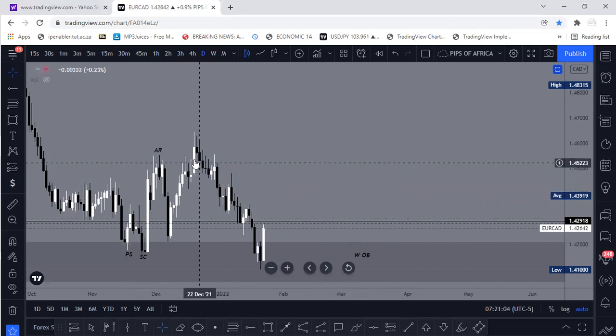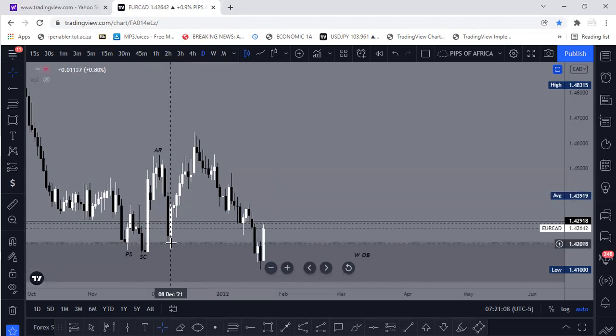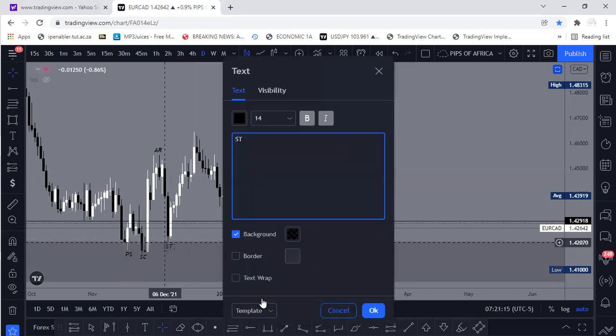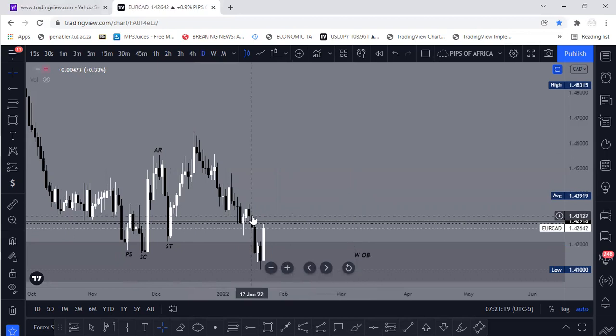So after the automatic rally, also known as AR, we need to see the secondary test. It occurred after the automatic rally.